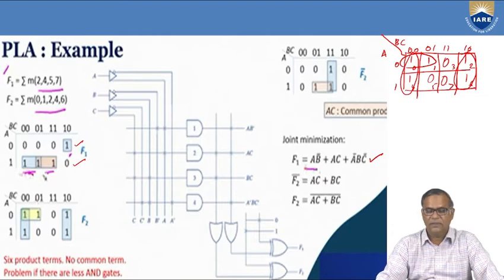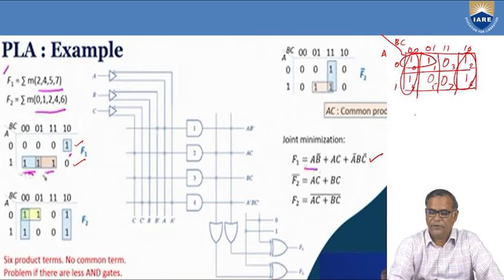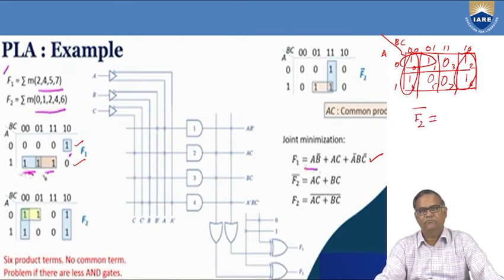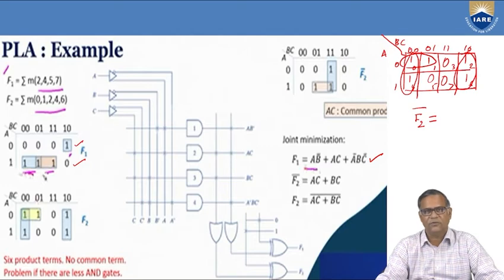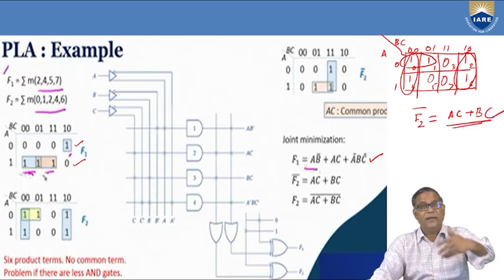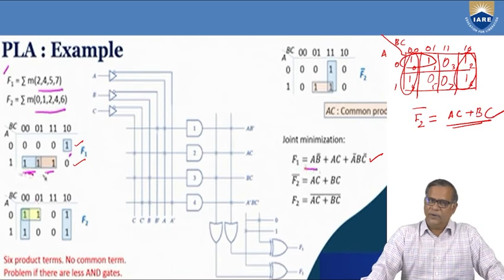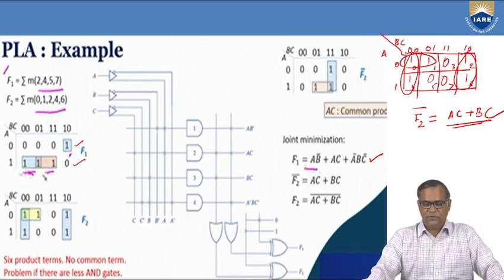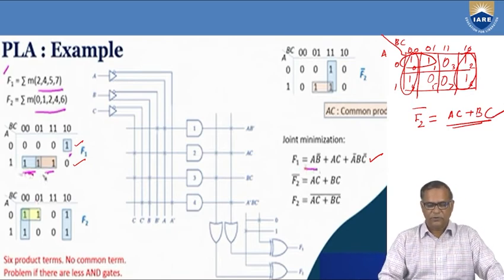If I use these 3 zeros, what function am I going to get? I'm going to get the function in F2 bar form, because I'm using zeros. So F2 bar is equal to AC plus BC, and later I will use an exclusive OR gate to realize F2. So this is the technique that I am going to follow.